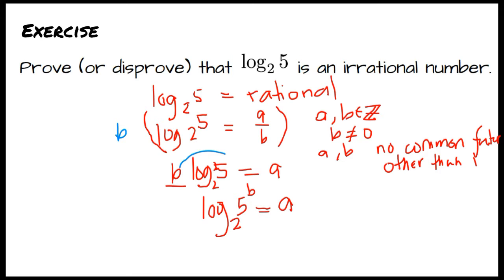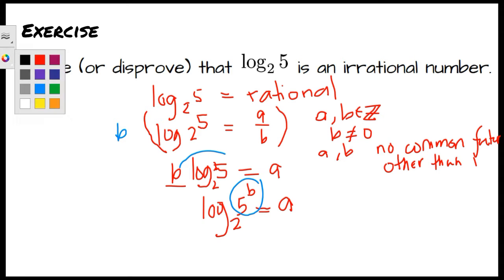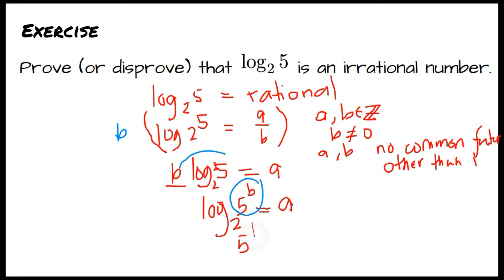And since the logarithm is an exponent, we could say that 5 raised to b is basically equal to the base, which is 2, raised to its logarithm, which is a.